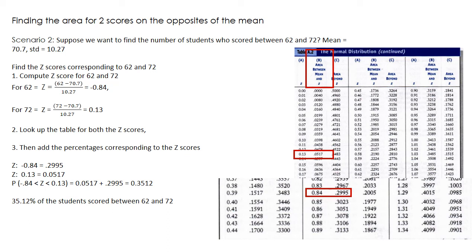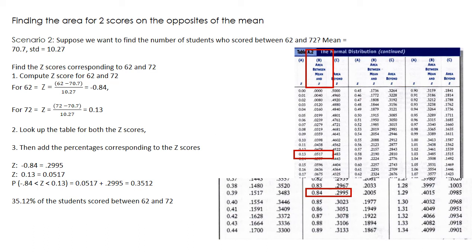So where is this negative 0.84 located? You have to find the area from the mean to 0.84, because remember, one is below and one is above the mean.